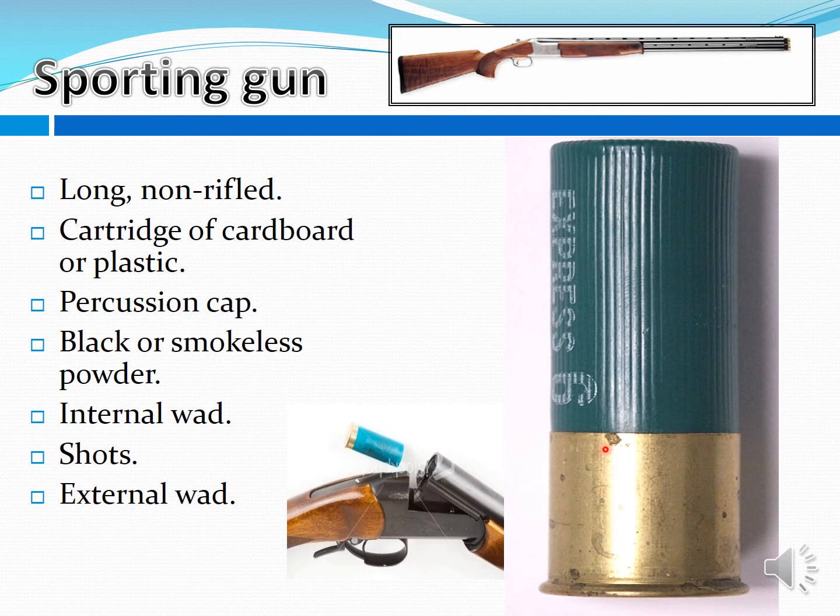Inside this cartridge we will find inner weight, then shots, then external weight. In between there is a powder, black or smokeless powder.